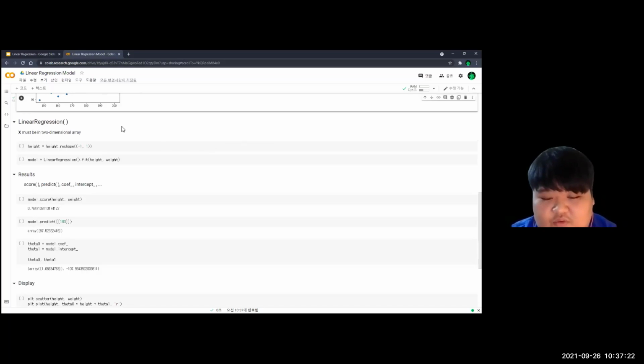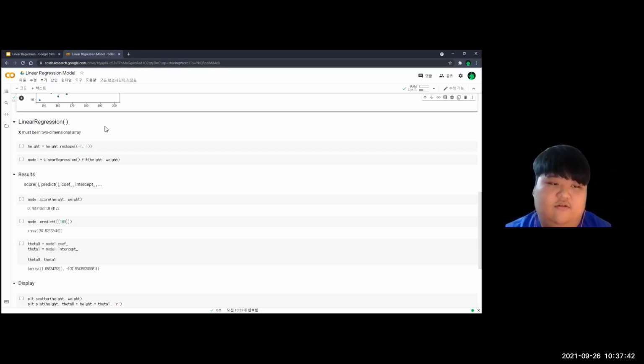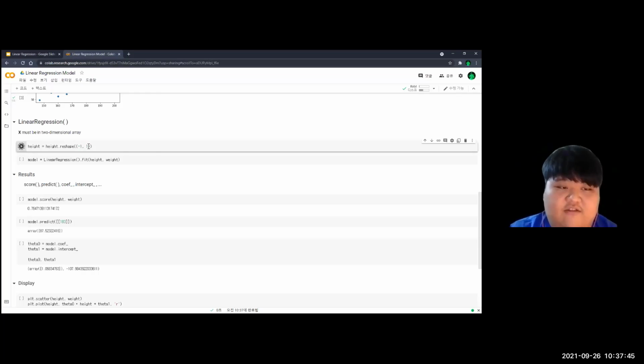But one caution, one thing you need to modify here is the x value. For us, it'll be height. Our independent variable should be a 2-dimensional array. So basically not 1 row and 20 columns, but 1 column and 20 rows. So we're gonna do that by running this code. Okay, then everything is ready.